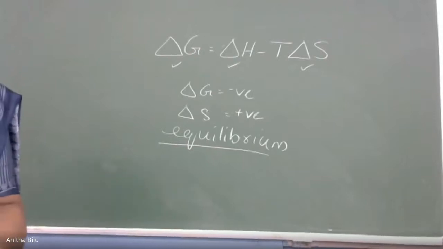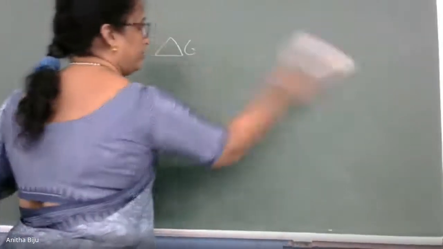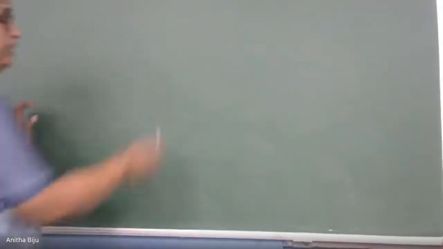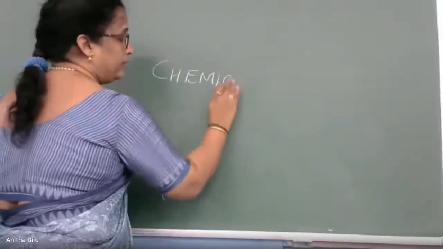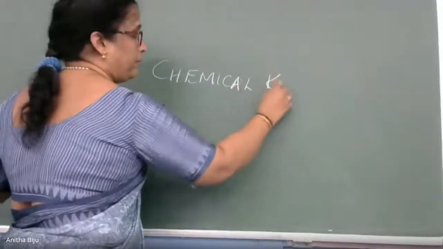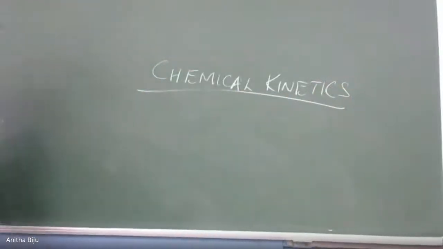Okay. Now, the branch of chemistry which deals with the rate of reaction and its mechanism is called chemical kinetics. So we will discuss the chapter chemical kinetics. Chemical kinetics is a branch of chemistry which deals with the rate of the reaction and its mechanism.